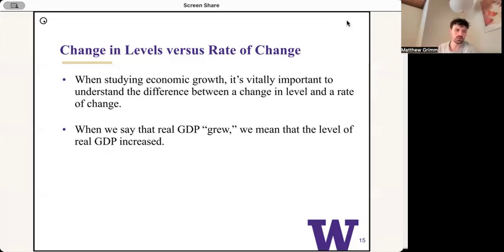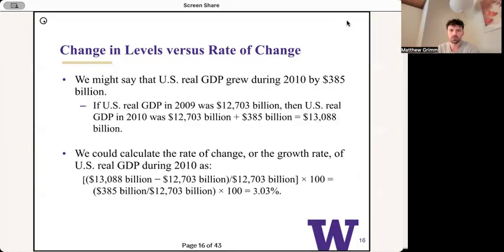The United States is a big economy with a high GDP. Saying that our GDP increased by, say, 10 million tells a different story than saying Sudan increased its GDP by 10 million. That's why the rate of change is usually a more useful metric in figuring out the actual growth of an economy.